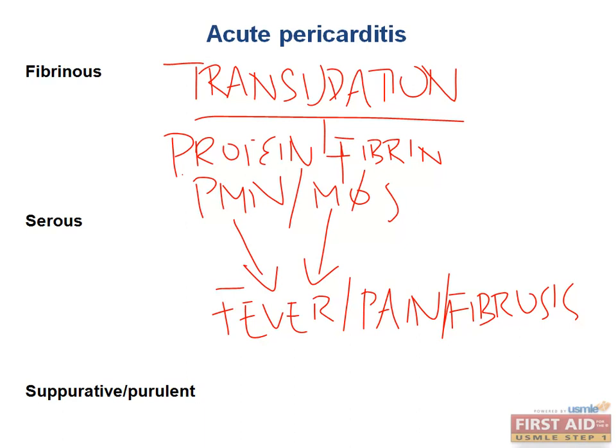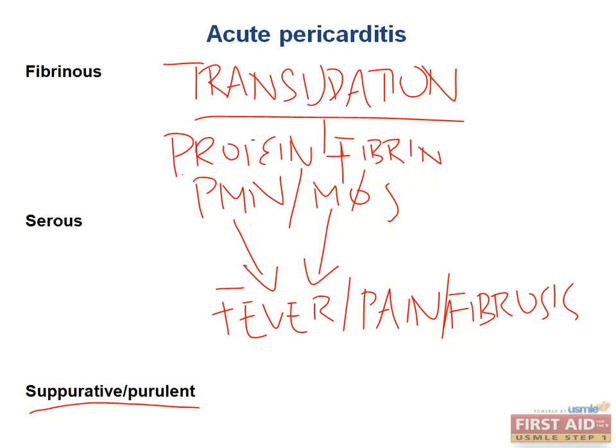Now, what are we talking about when we say suppurative or purulent, which means that there will be pus, right? Makes a lot of sense because neutrophils are going to invade the pericardial cavity, trying to go after some organism in there, and dead neutrophils make pus, and that is how you can get a purulent or suppurative pericarditis. Now, bacteria can be the main problem. The main culprits for this are the Streptococcus species.